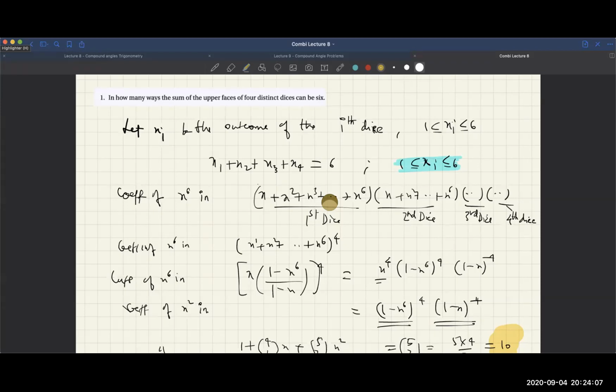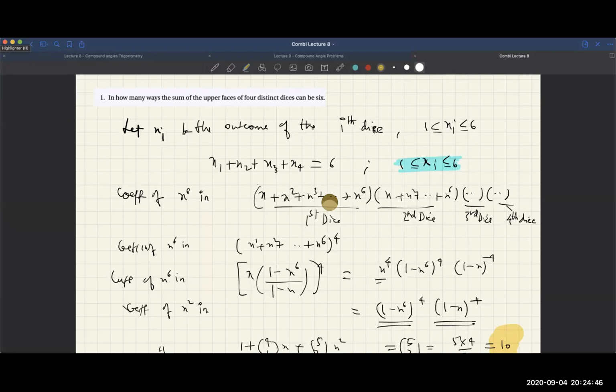Hmm. Yeah. Just a second. Hmm. This makes sense actually, because 1 plus 1 plus 1 plus 3, and then some more possibilities.